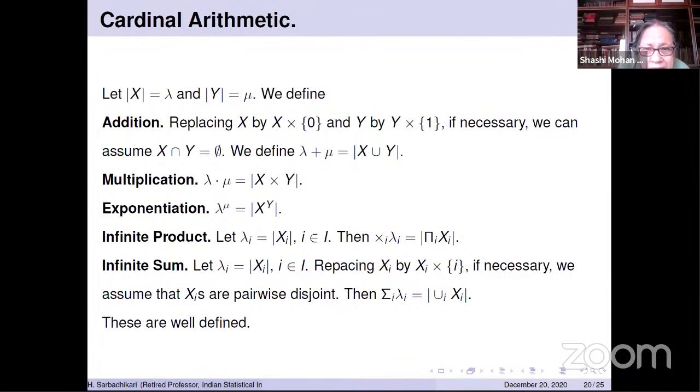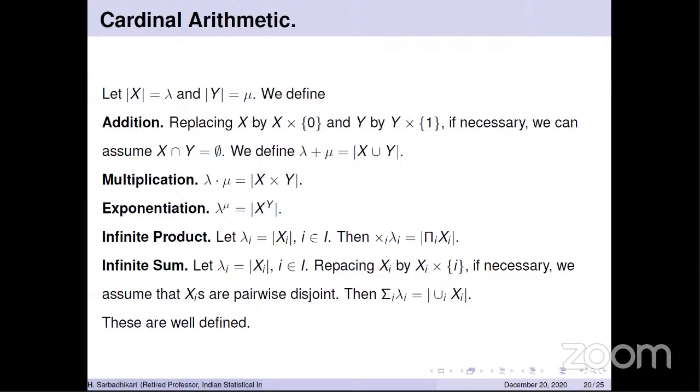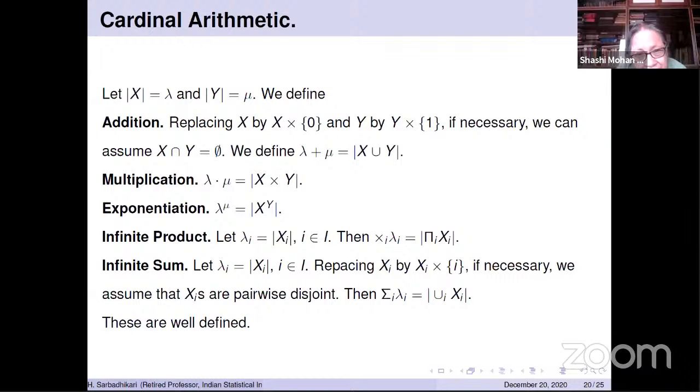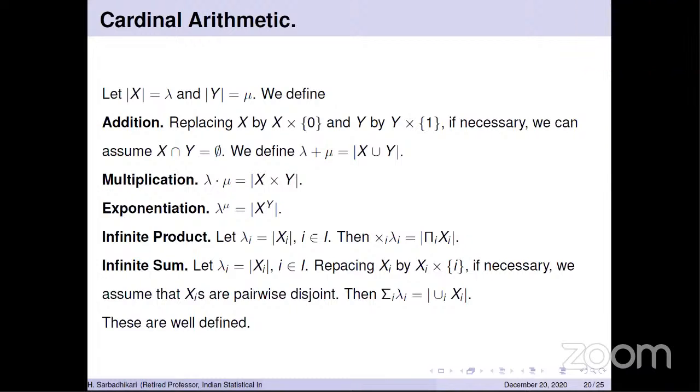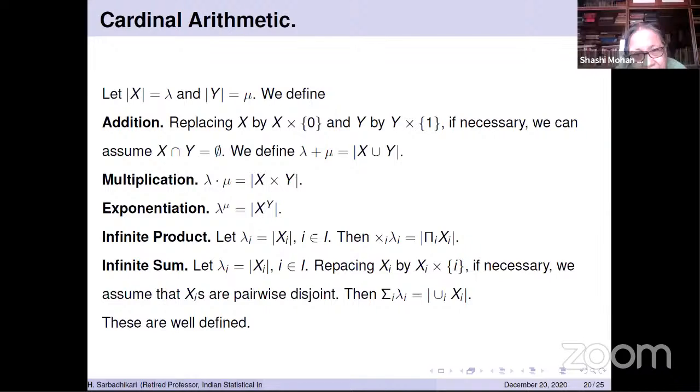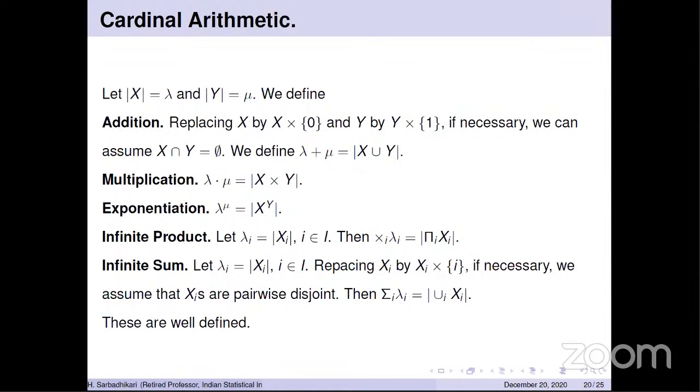Then replace X by X cross 0. Call that X prime. That also has cardinality lambda. Replace Y by Y cross 1. That has cardinality mu. Now these two sets are disjoint. Now you take their union. If they're not disjoint, if there's an overlap, then it may not work. One of them may be contained in the other. Yes, that's also true. So it may not work.